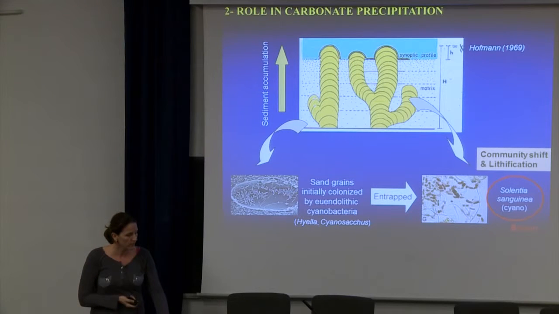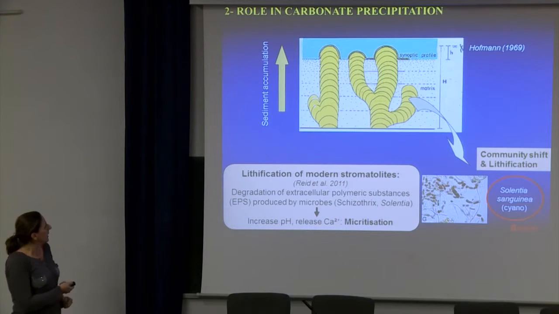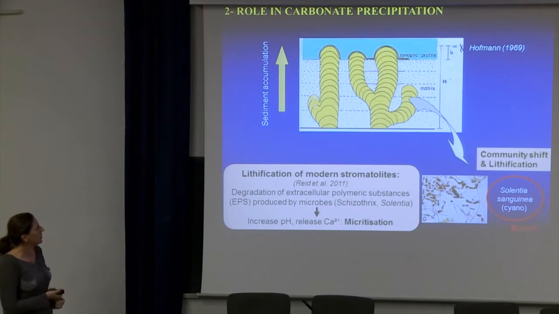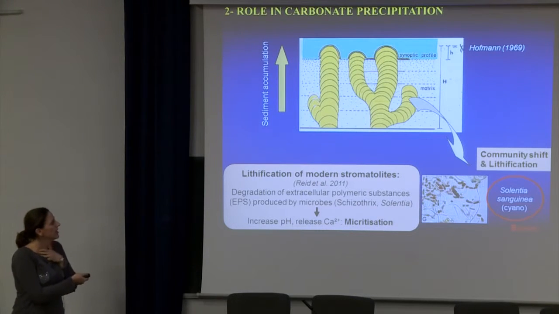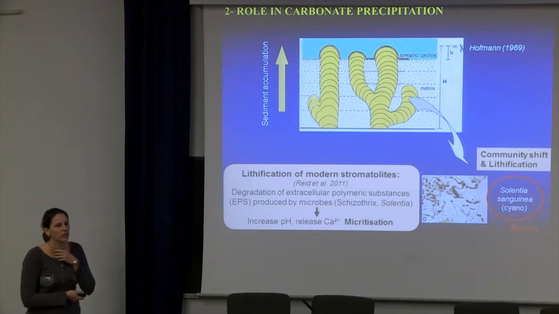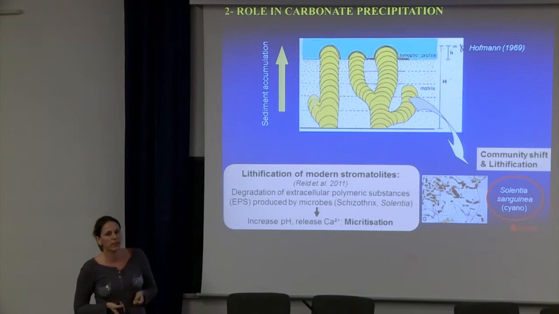Then the lithification process starts, and this is due to the degradation of extracellular polymeric substances, which are mainly produced by Schizotrix and Solentia. In the case of Schizotrix, it's production of organic matter which will be degraded by bacteria.